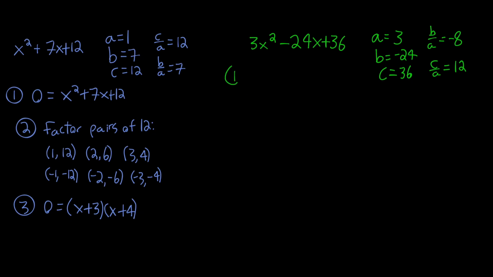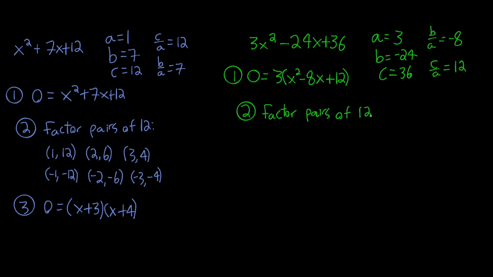So for step 1, this is going to leave me with 0 is equal to 3, x squared minus 8x plus 12. Okay, so from here, we want to find the factor pairs of 12, which you can see it's convenient that we have them written on the left side here. So I'm not going to rewrite those because we can just look to the side and see them.